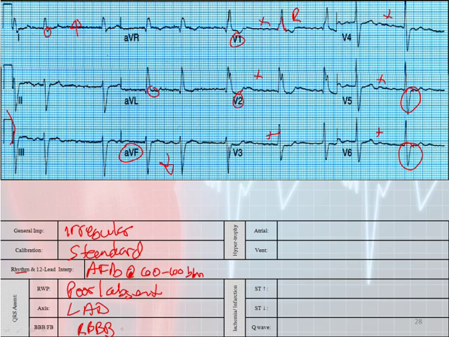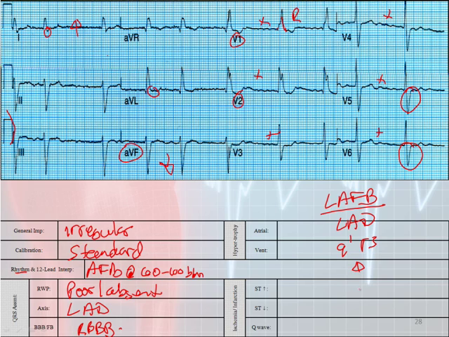Now, what about a fascicular block? Right bundle branch blocks are commonly associated with an anterior fascicular block. With an anterior fascicular block, I want to look for a left axis deviation, LA and LA, and I want to look for a Q1 R3.